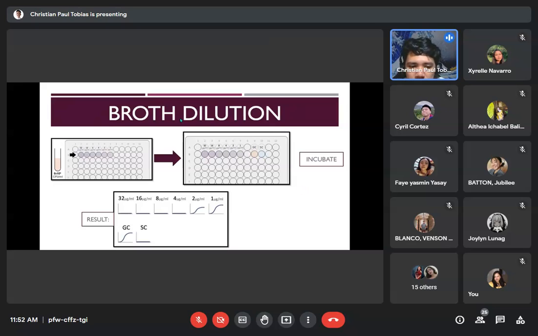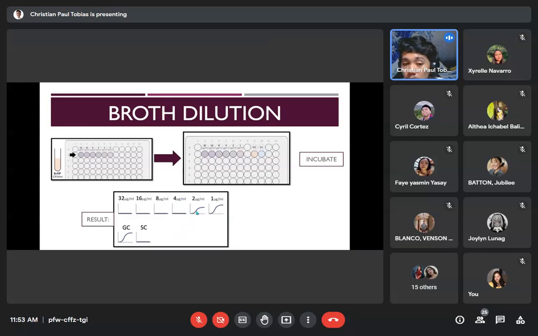Okay. So, in this case, kunwari sa 32, wala siyang growth. So, dito, walang growth. Na-inhibit niya lahat ng bacteria, ibig sabihin, clear. Hindi siya turbid. So, the same with 16, wala ding growth. Sa 8, wala ding growth. Sa 4, walang growth.